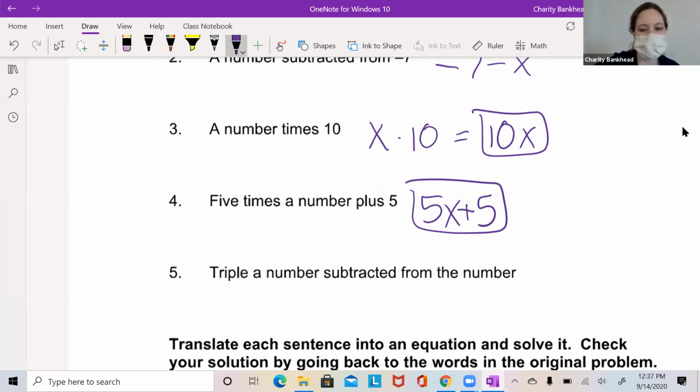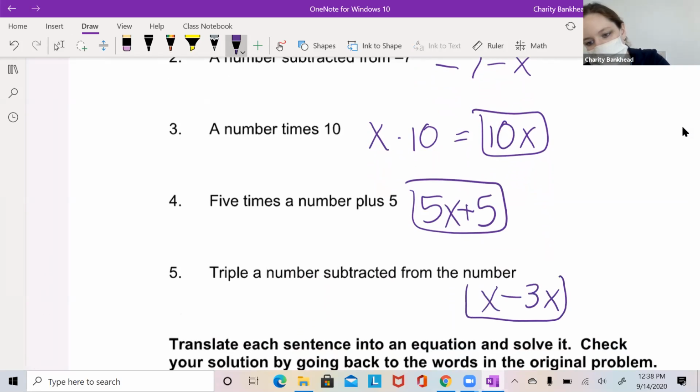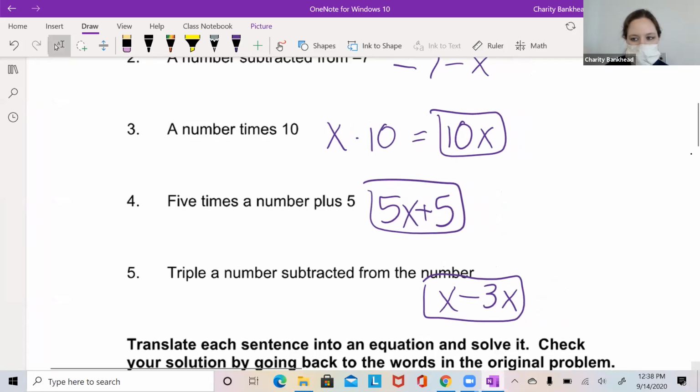And then triple a number subtracted from the number, so that would be x minus 3x. We can simplify that, but since we're just translating, I'll just leave it that way for now. So that's triple a number subtracted from the number.